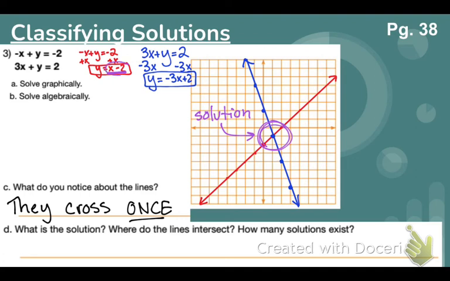I'm going to take that whole side, x minus 2, and put it in for that y. So it's going to end up looking like x minus 2 equals negative 3x plus 2.